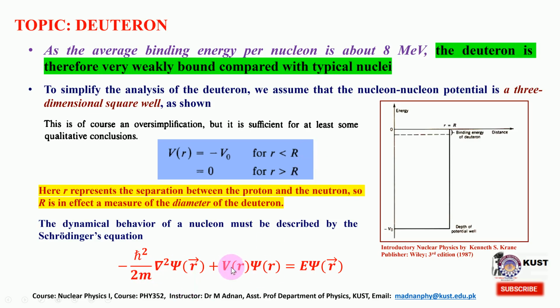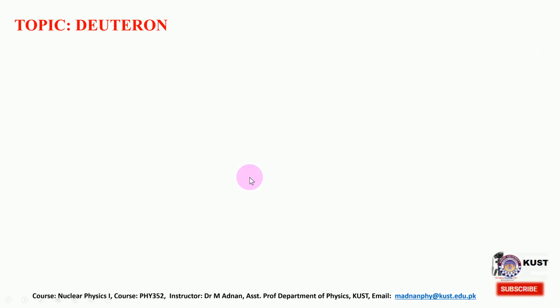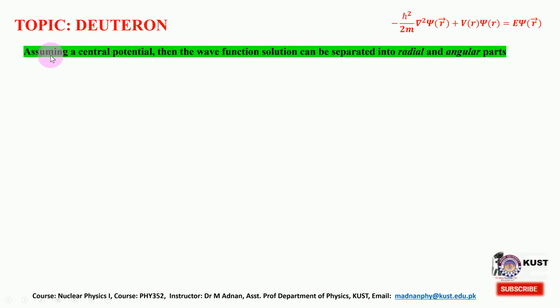So we need to solve this equation based on this potential well analysis. That was the Schrödinger equation. Assuming a central potential, the wave function solution can be separated into radial and angular parts.